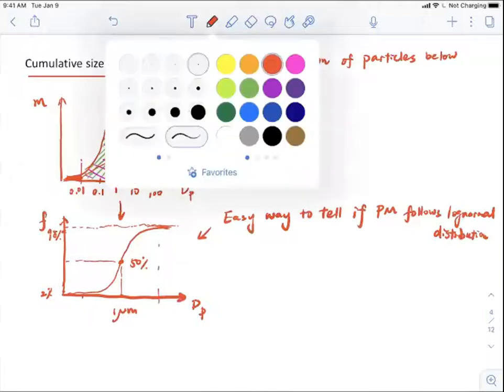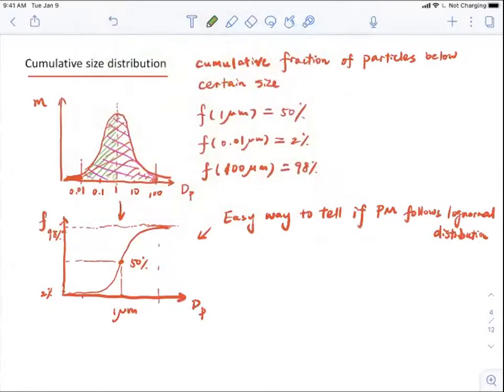Okay, so then you may have the question, well, it just looks like an S, right? So how do you tell whether this is log normal or not? It can be any S, right? It can be something that looks like this, or something that increases a lot and then just tapers off.